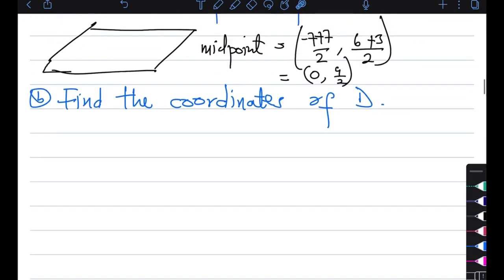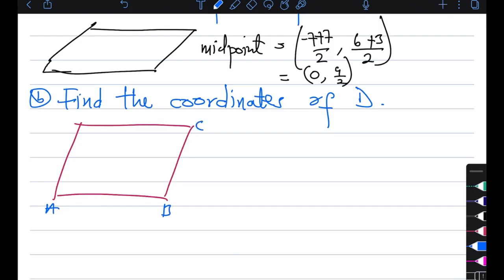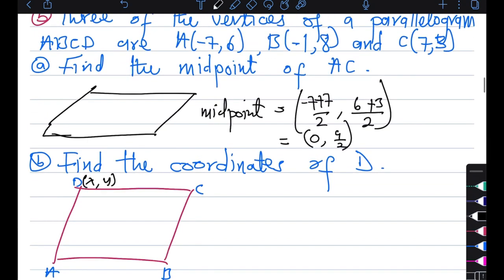Well, we will sketch the parallelogram again. I like to sketch it because it helps me to know exactly what I'm doing. Let's call this A, B, C, and then D. We don't know the coordinates of D, so we are just going to put x and y there, but we know that A is negative 7, 6, B is negative 1, 8, and C is 7, 3.